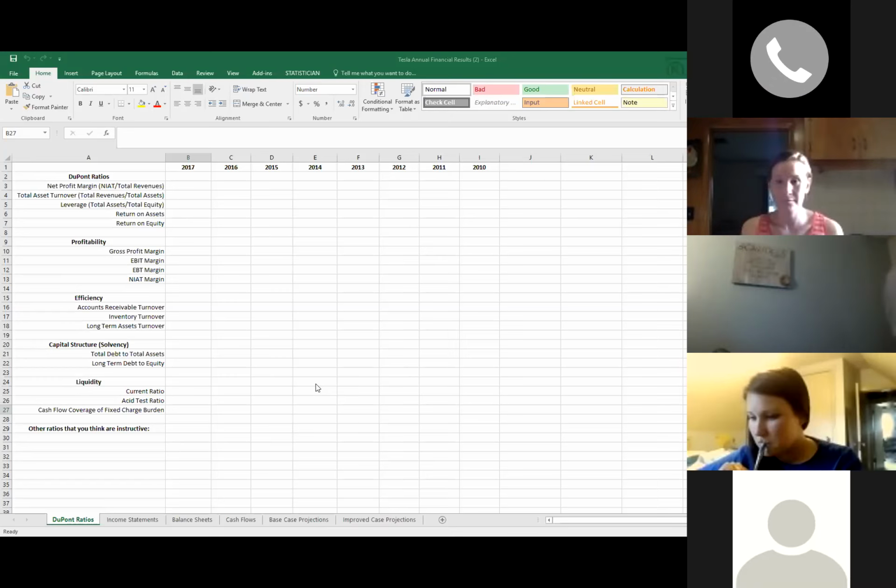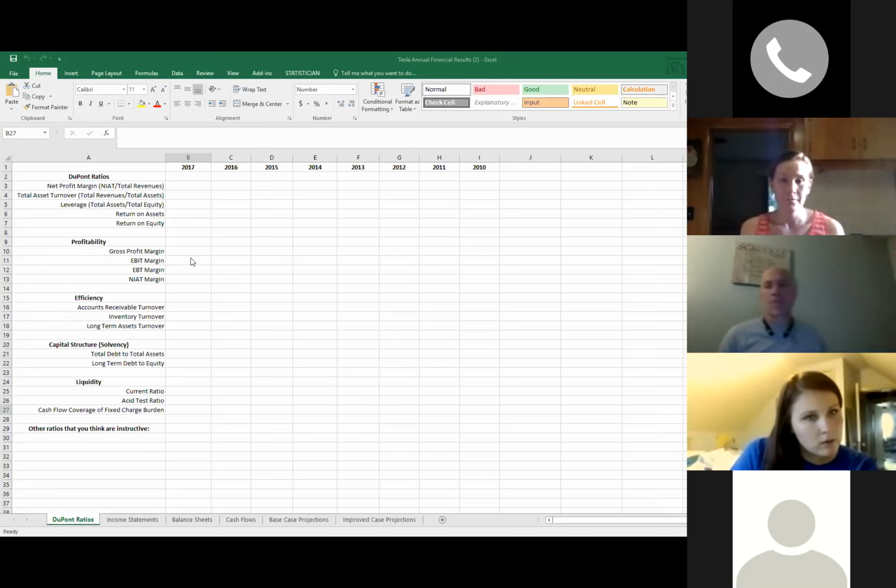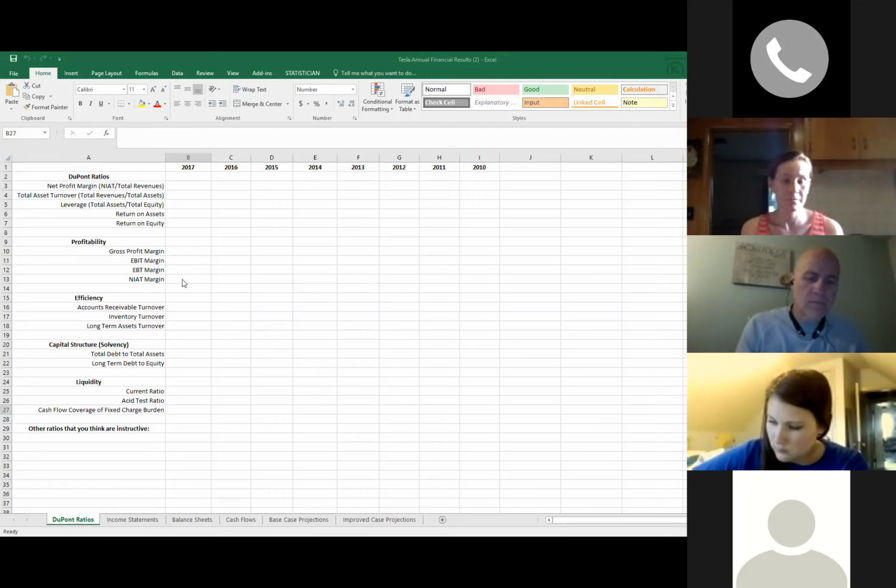All right, so here's what I would be thinking about. This walks down the income statement at least 4 major steps. But one of the places where efficiency begins to move is when we start looking at receivables or inventory or long-term assets.